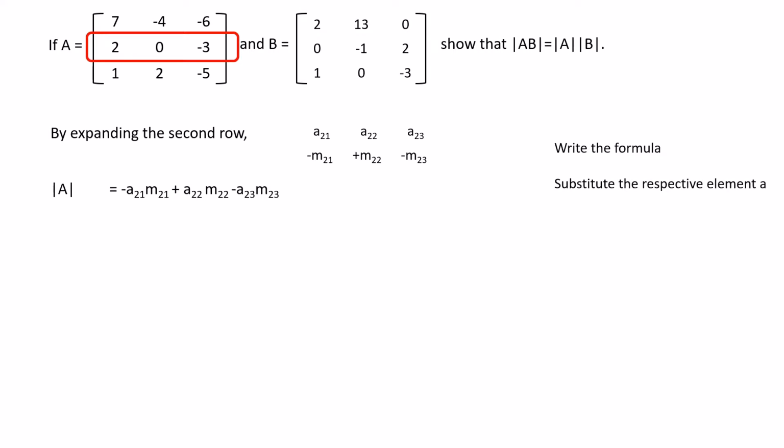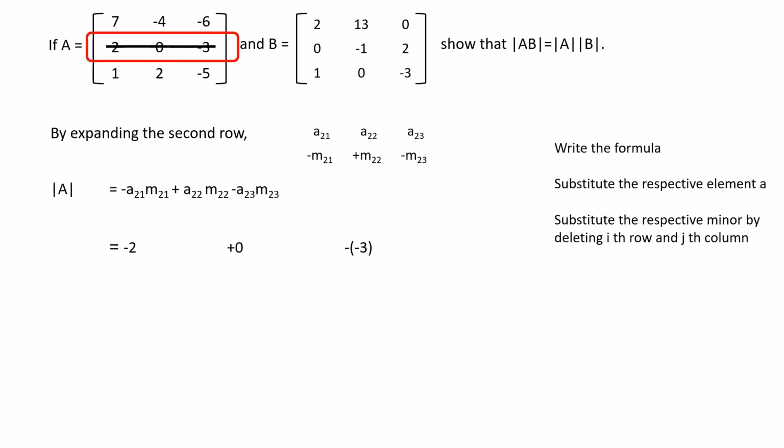Next, substitute the respective elements A. Then, substitute the respective minor by deleting the ith row and jth column. For the first minor, deleting the second row and the first column. For the second minor, deleting the second row and the second column.